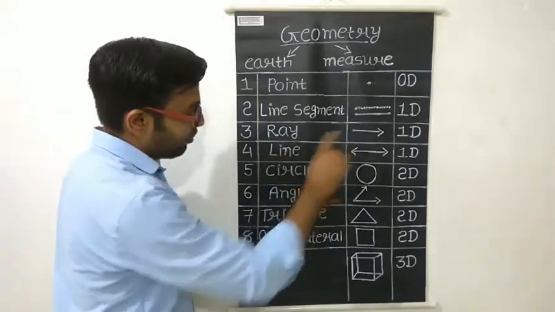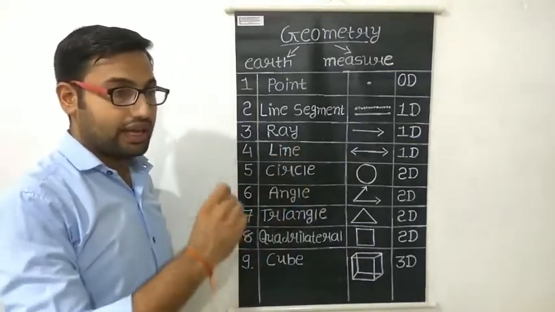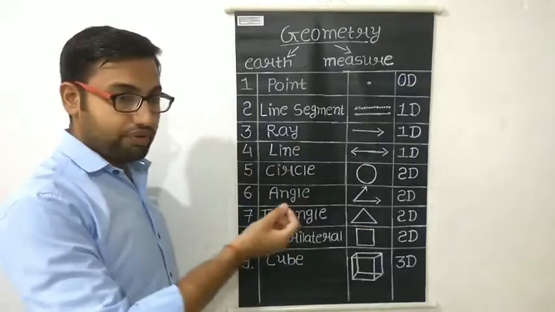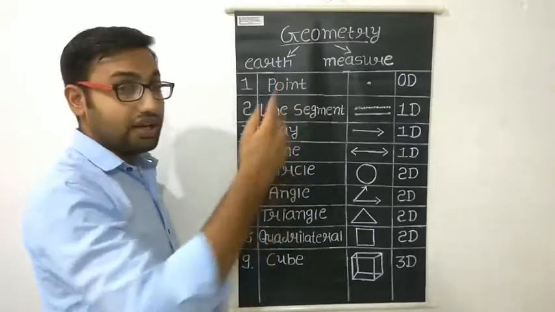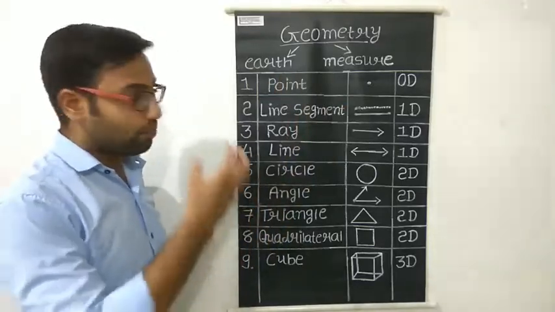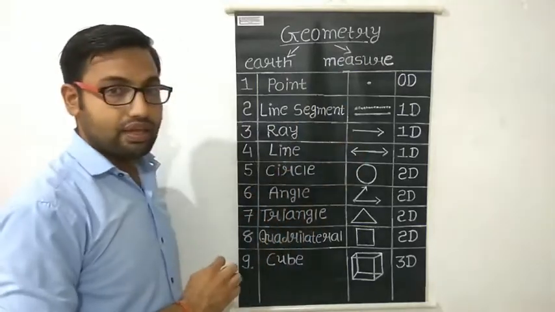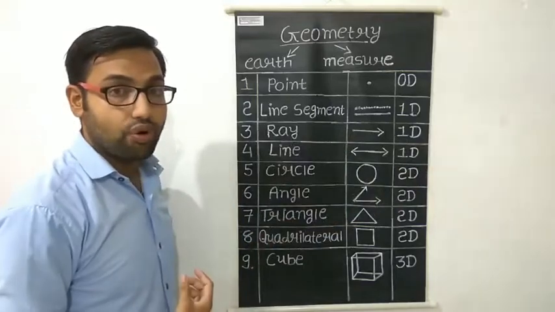Now what is an example of a ray? The example of a ray is like your bulb. As we know, the rays of light come out from the bulb. So the bulb is this fixed point, and the ray of light, we don't know how much distance it can go, right?